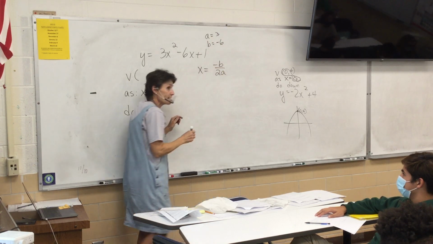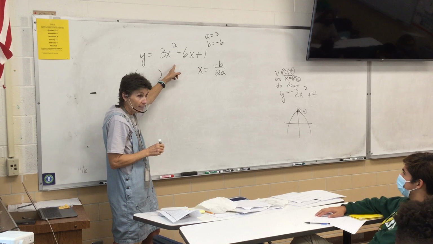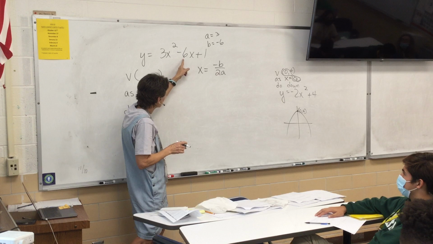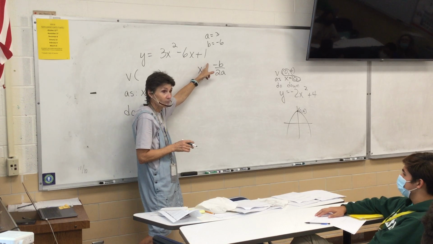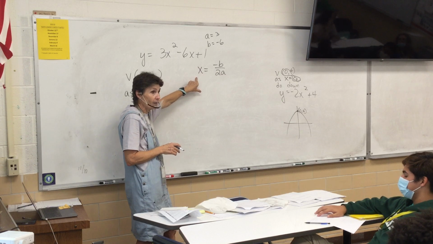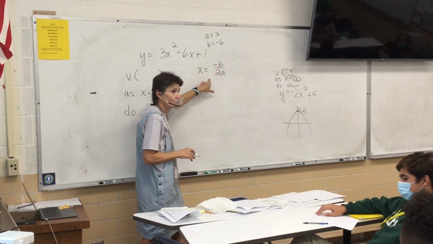So like Sean said, this is a quadratic equation, and if you were doing the quadratic formula, wouldn't this be A, this be B, and this be C? So for the axis of symmetry formula, you don't need C, you need negative B over 2A.